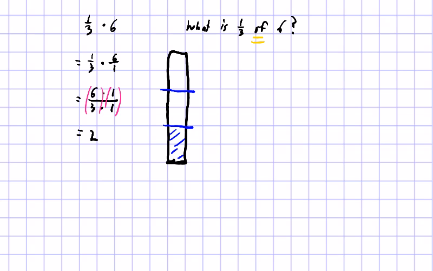Now that may seem a little bit trivial, but let's expand this and look at 2/3 times 6. So let me clear the ink. Okay, so once again, arithmetically, this is quite easy. Let's take 2 divided by 3 times 6/1.